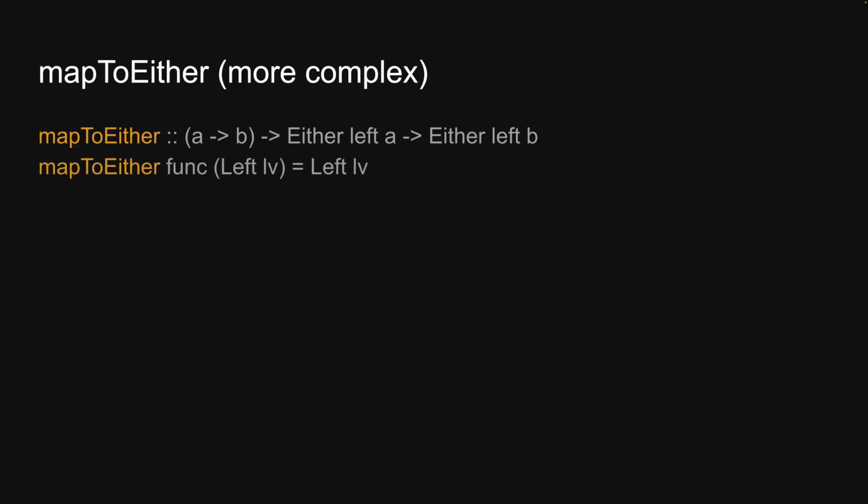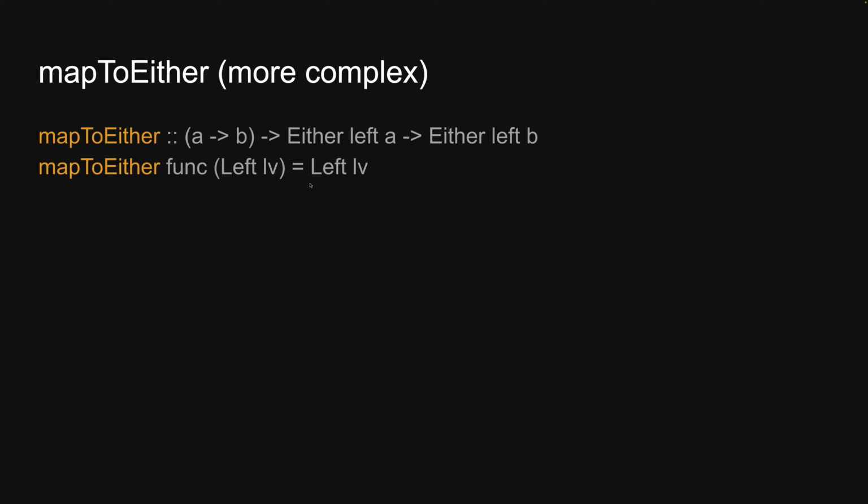if we wanted to create a map to either, which is slightly more complex, you would say you sum map to either with a function that goes from A to B, where you have some either, say left is a string or nothing or whatever, and you have this function where if the left value, whatever left is, we don't know what left is. So this left up here is not a type of anything that we know.